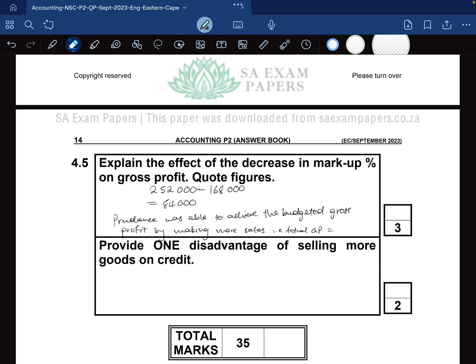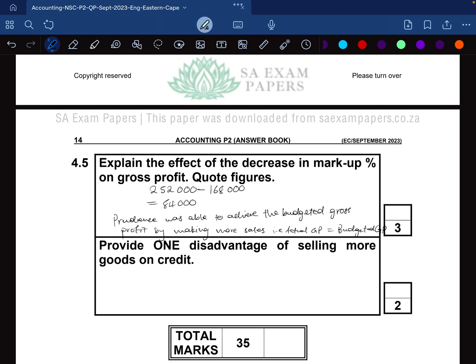Okay, these words are playing a trick around my mind. So this is budgeted gross profit.